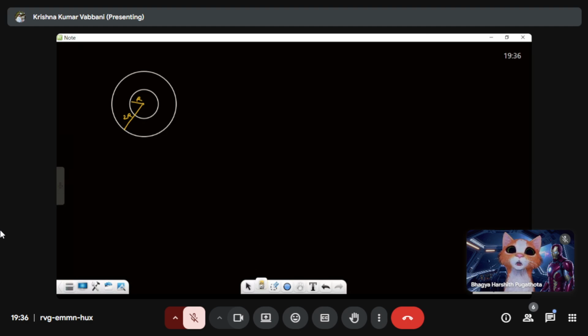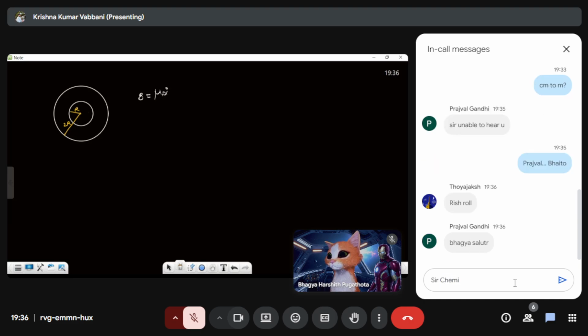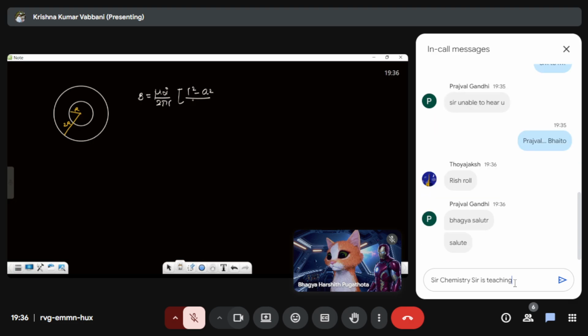For this we have to use this formula. The magnetic field is equal to, for the two radii, mu naught I by 2 pi r into r square minus a square divided by b square minus a square.